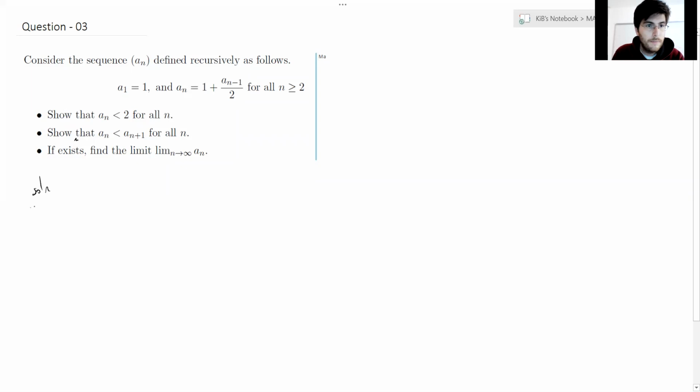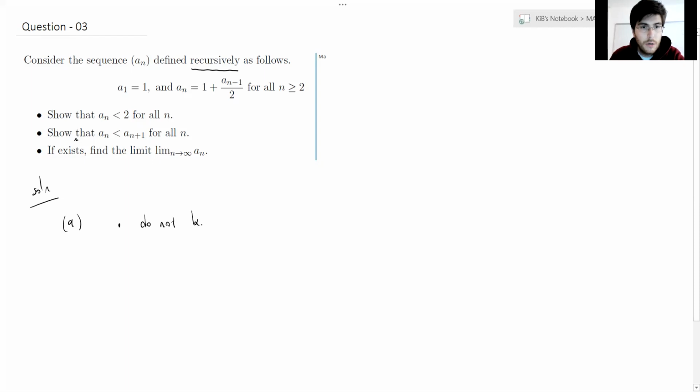So, solution. Let's see part A, for instance, the first part. Let's try to understand. We have a sequence given recursively, and we are going to prove something. So, a mathematical proof.